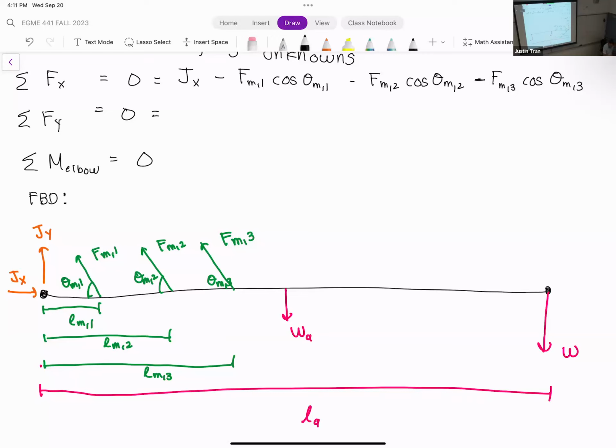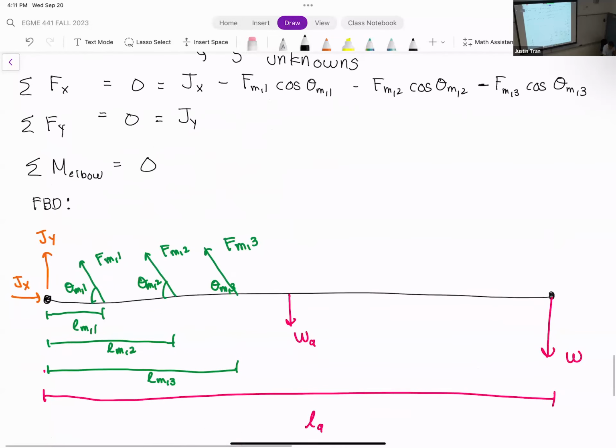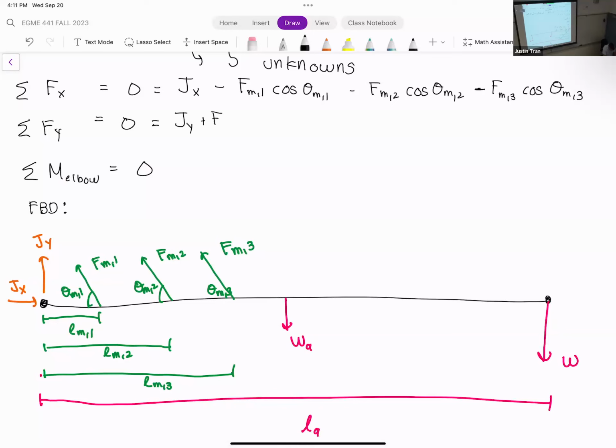Okay, now let's look at the forces in the y direction. The first force we have in the y direction is Jy, and Jy is pointed vertically upwards, so we're going to have a positive sign there. Then we have all the components due to the muscle forces, and I'm just going to go through this fairly quickly. When you want the vertical component of a vector, and the angle that we're given here is with respect to the horizontal, we want to take the sine of that angle, right? So FM1 sine of theta M1.